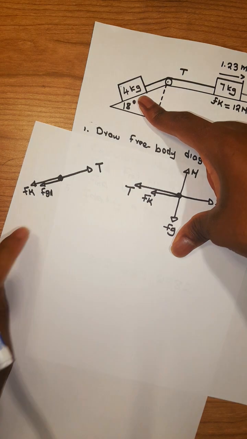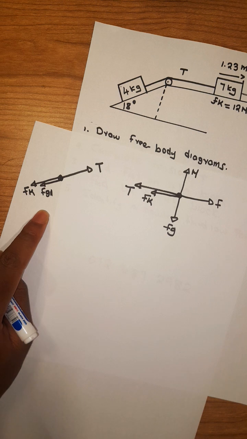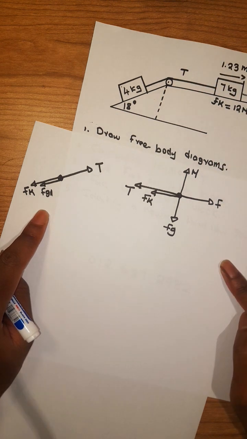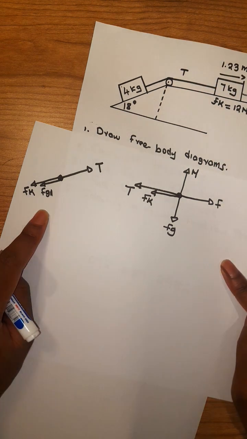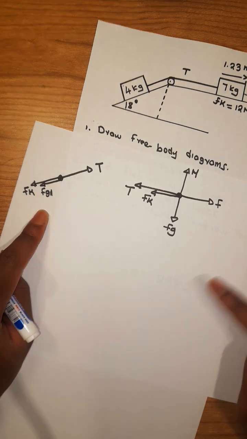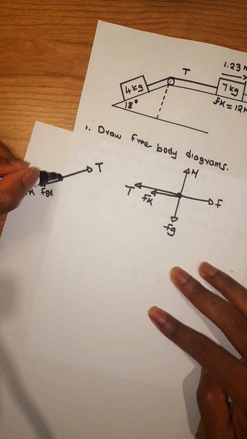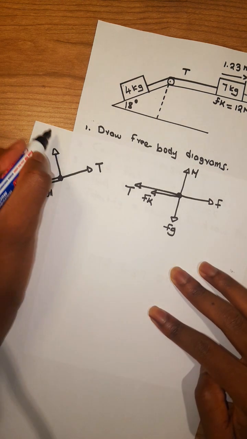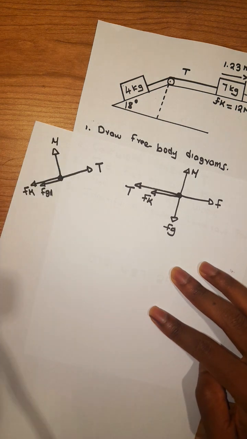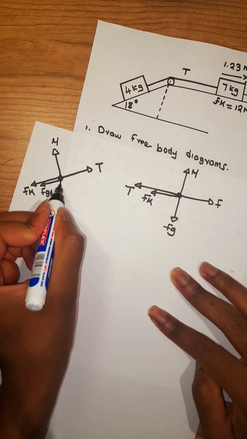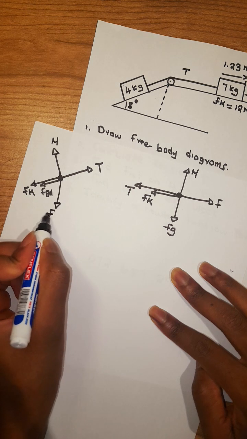In some memorandums, you don't have to write the Fg parallel, but for you to know how to answer the questions and to identify the forces acting on the block, I would truly recommend that you draw your Fg parallel so that you don't forget about it. The other thing we have, obviously, is the normal force. And the other thing we obviously have is Fg.